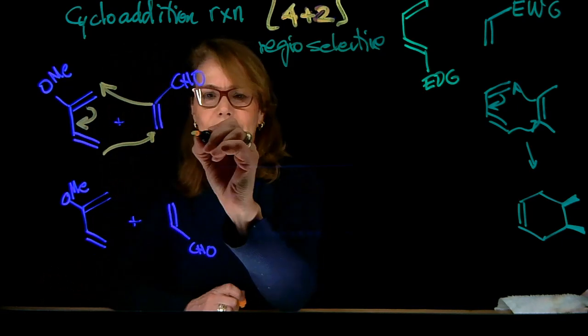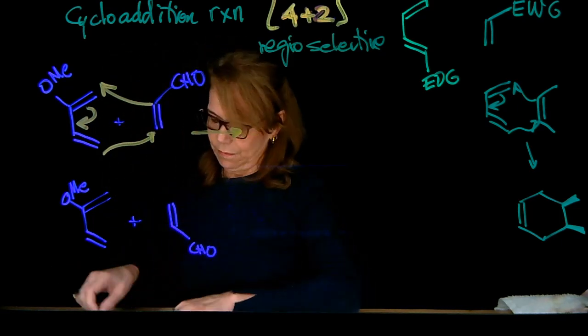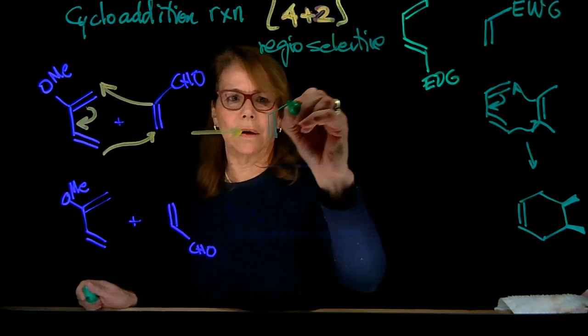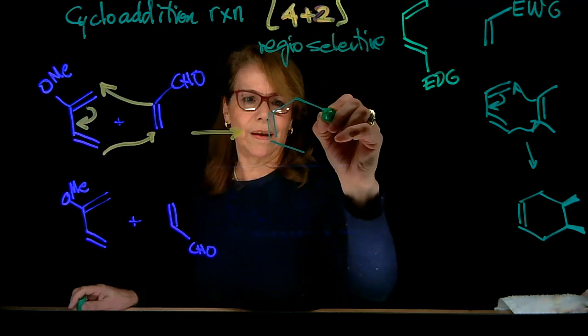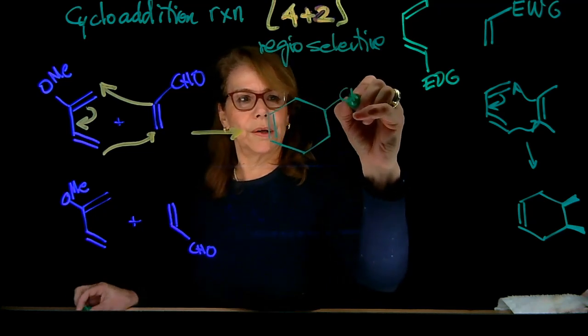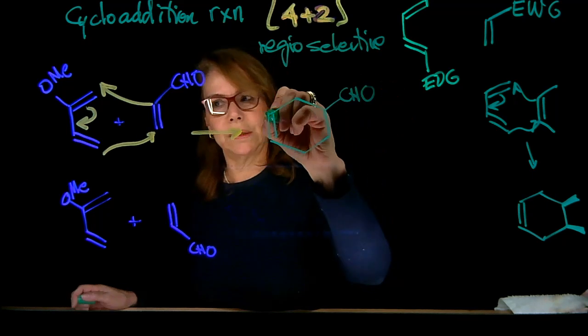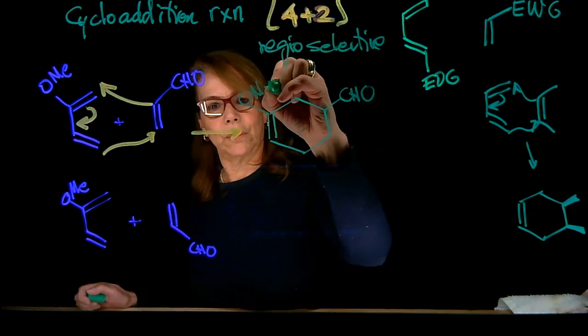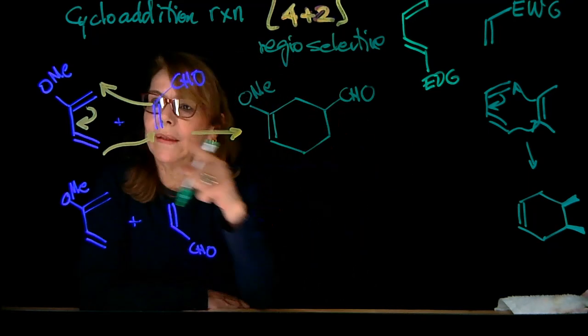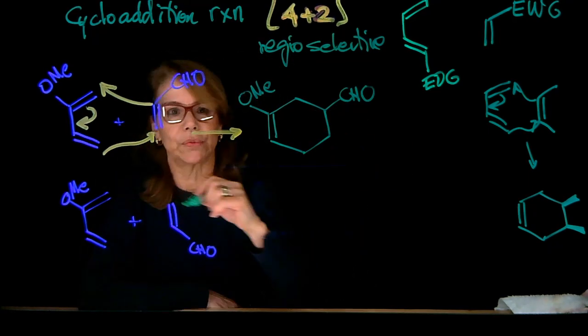If I did that, my product is going to be, I'm going to do my 6-member ring as I always do. These are my new sigma bonds. Here I will have my substituent and that. So these are the relative positions of the two substituents.